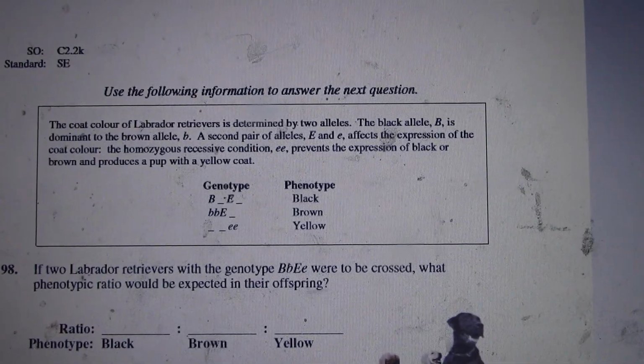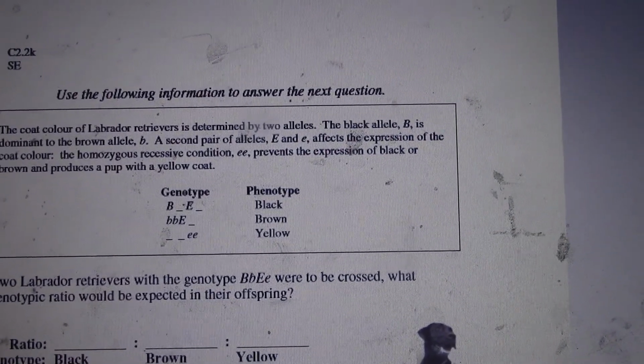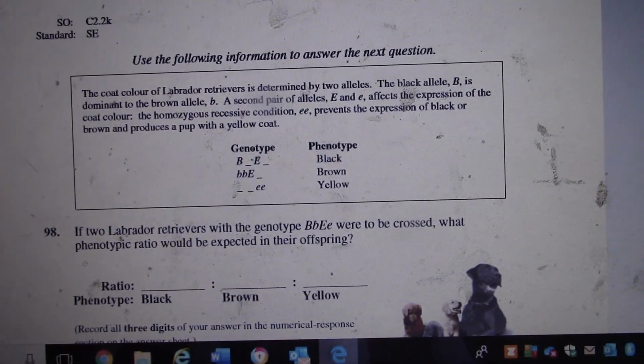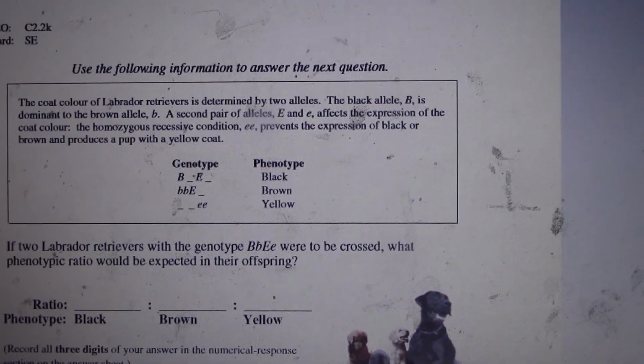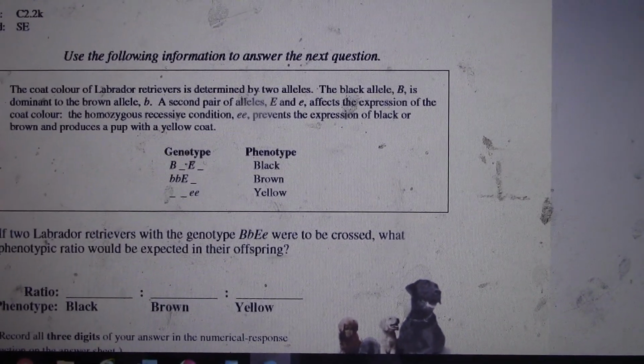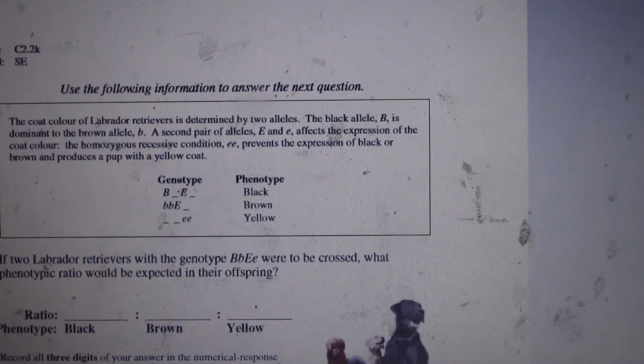Second pair of alleles, E, affects the expression of coat color. So in the homozygous recessive condition, little e, prevents the expression of black or brown. And then you get a yellow lab. So you get black labs from big B's, chocolate labs from little b, and then yellow labs when there's recessive e.